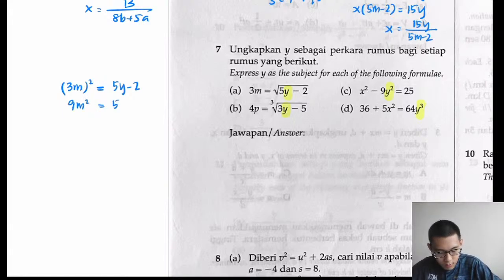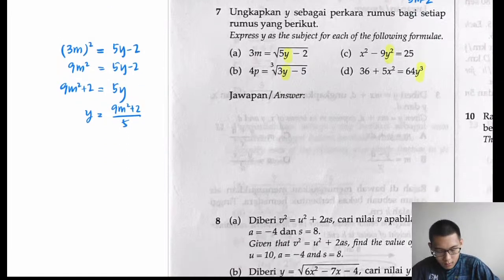So 5y minus 2, I move the 2 to the other side: 5y equal to 9m square plus 2. Therefore we have 9m square plus 2 over 5. So this is the answer.